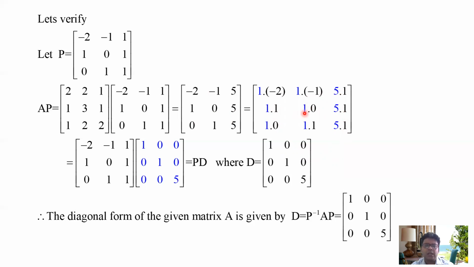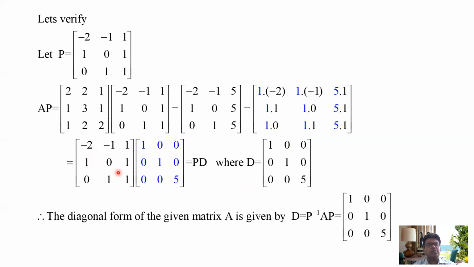Clear? Now check, I am using multiple colors for better understanding. All the colored parts come to here. That is, for the first column you write here 1, 0, 0. For the second column, 1 is replaced by 0, 1, 0, and for the third column, 5 is written as 0, 0, 5. The other elements, column-wise, are minus 2, 1, 0, minus 1, 0, 1, 1, 1, 1, which you write as a matrix.